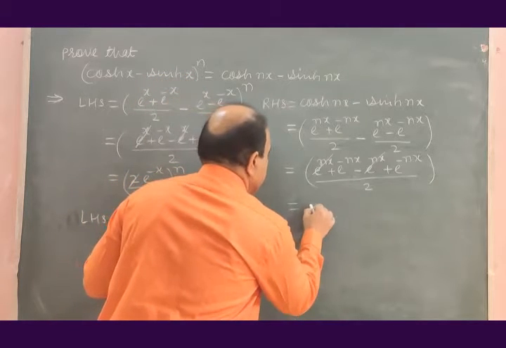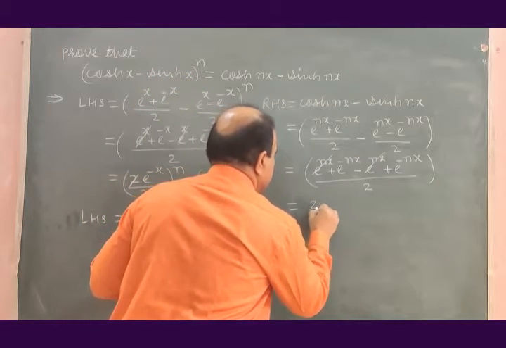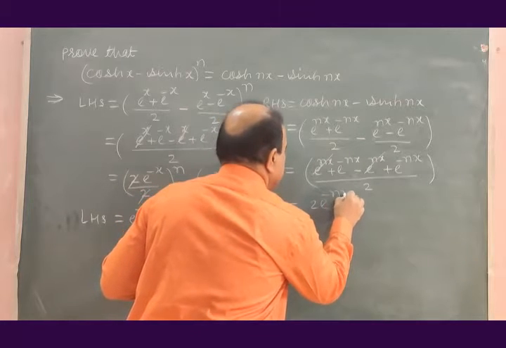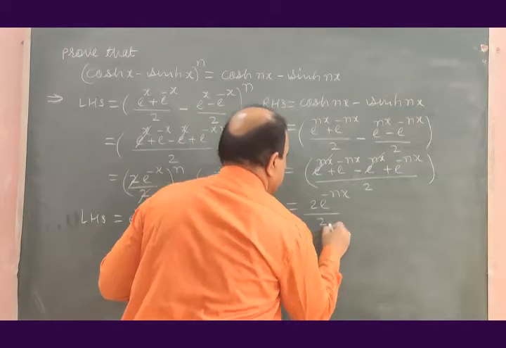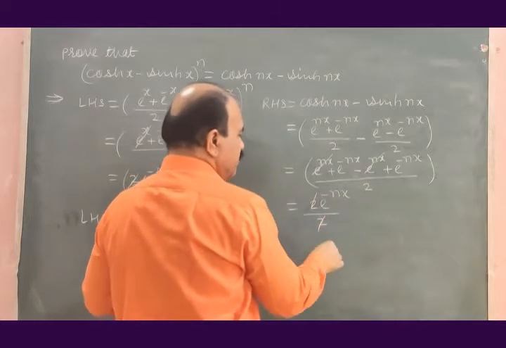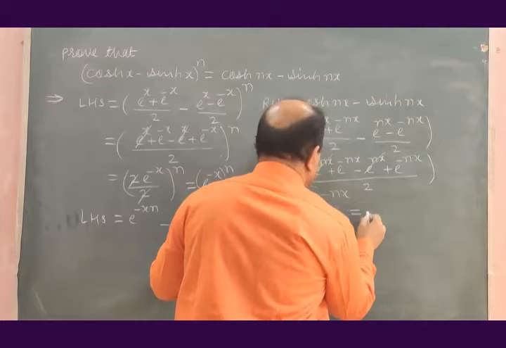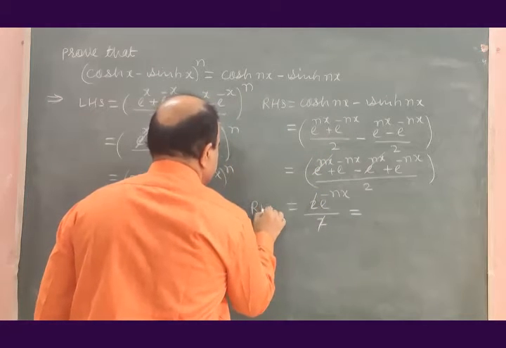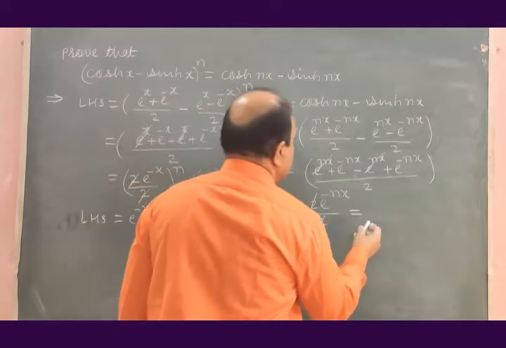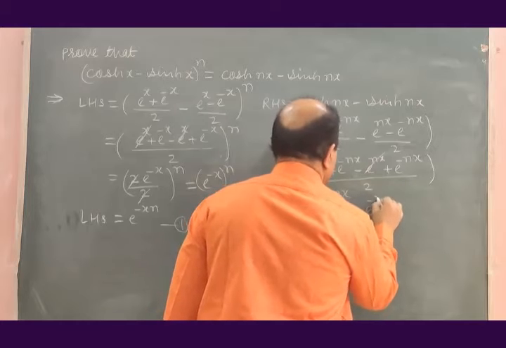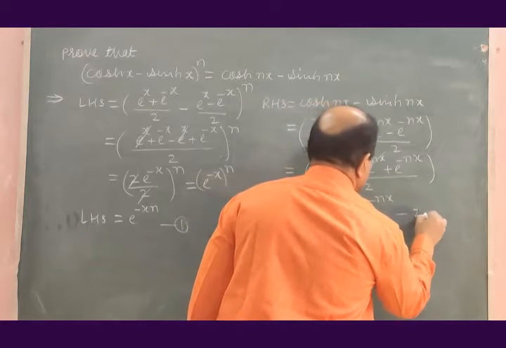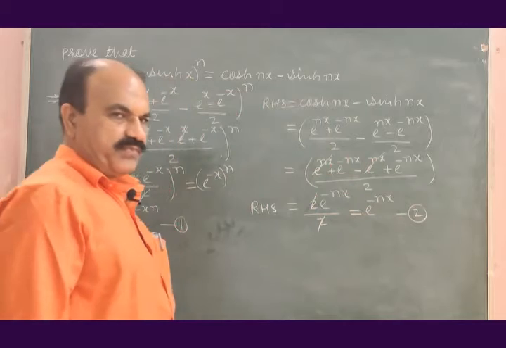So this is 2 times e to the power minus nx divided by 2. These two identically cancel out, and what is left for RHS is equal to e to the power minus nx, equation number 2.